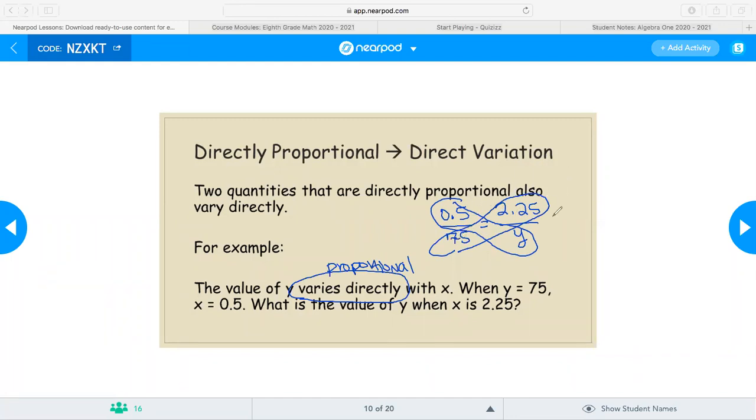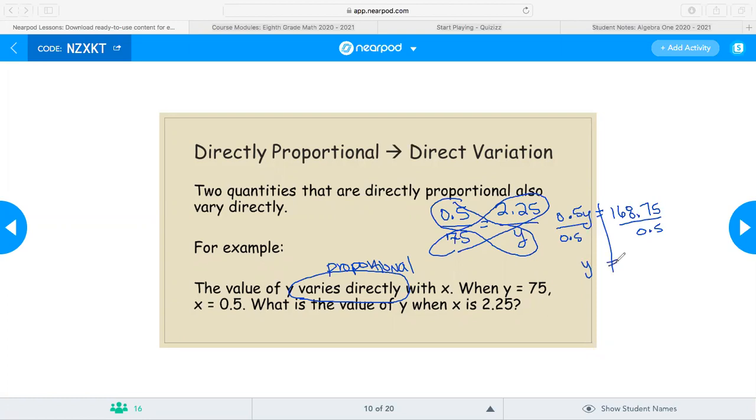All right, so 0.5 times y will be 0.5y. 75 times 2.25 is 168.75. And I need to solve for y, so I need to get rid of this 0.5, so I'll be dividing both sides by 0.5.